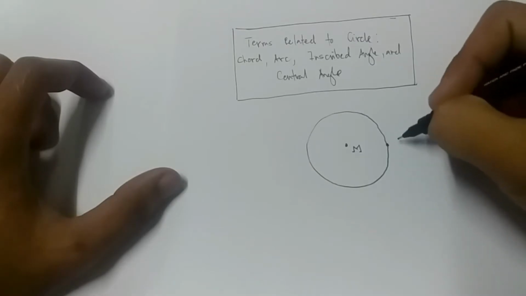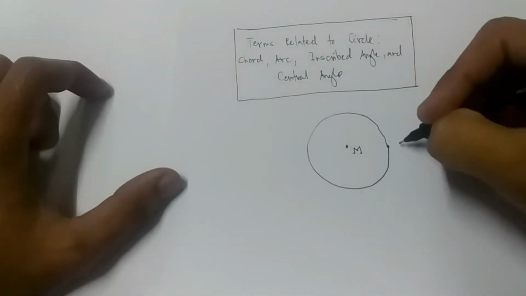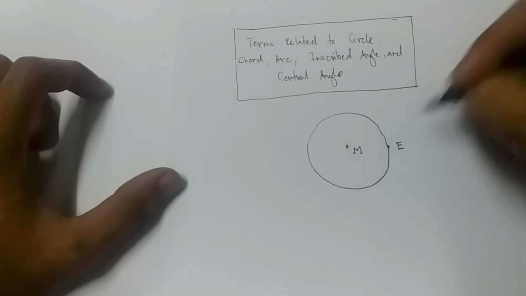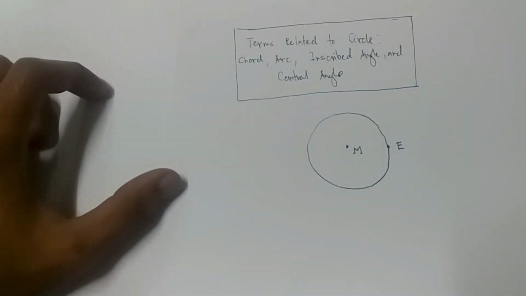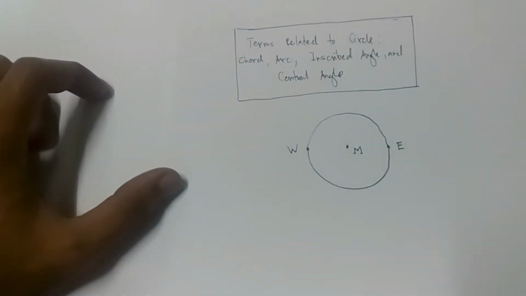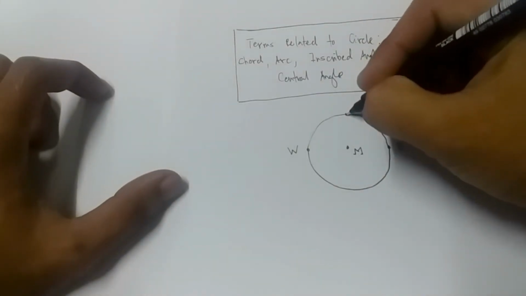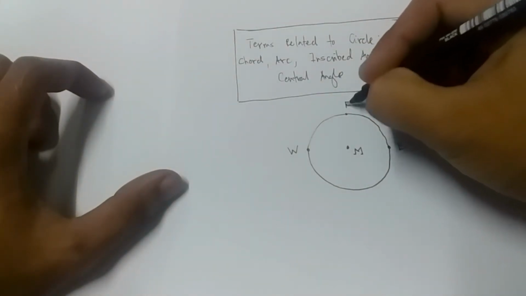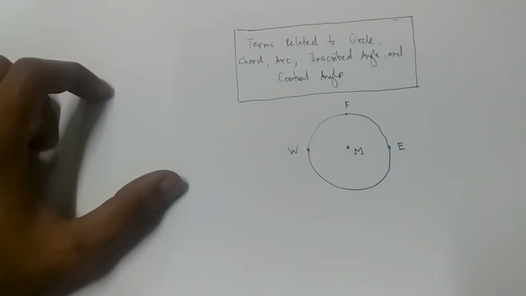Let's say this is point E. Another to your left, your west part, so let's say W. And the last one is in front of you, so let's say F denotes the person in front of you.